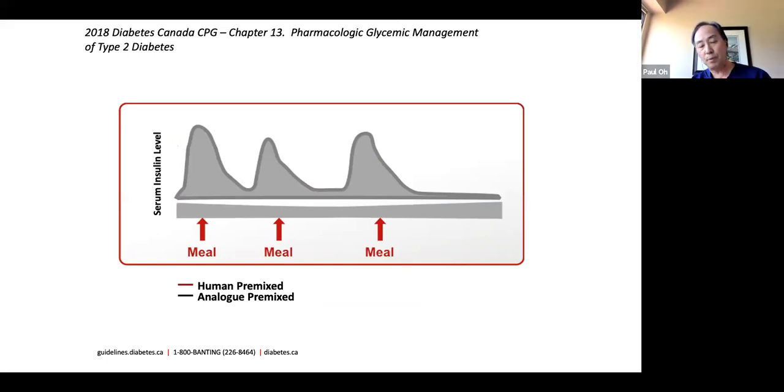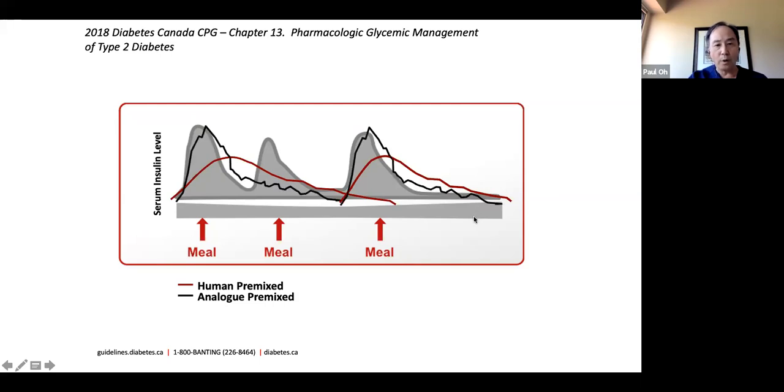And then some people are offered mixes of insulin that might look like this, where there is a pre-mix of short and longer acting insulins to get us through the course of the day and through the evening. Or if we've got other kinds of newer formulations, they may look more like this. And you can see that they may give really good coverage for certain meals, but other meals may not be well covered.